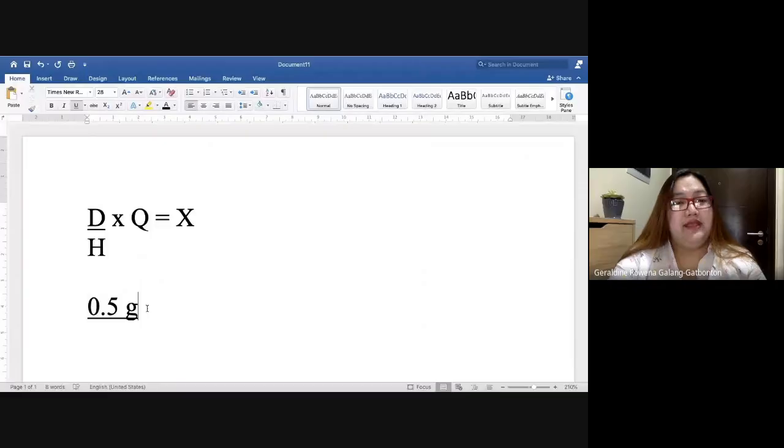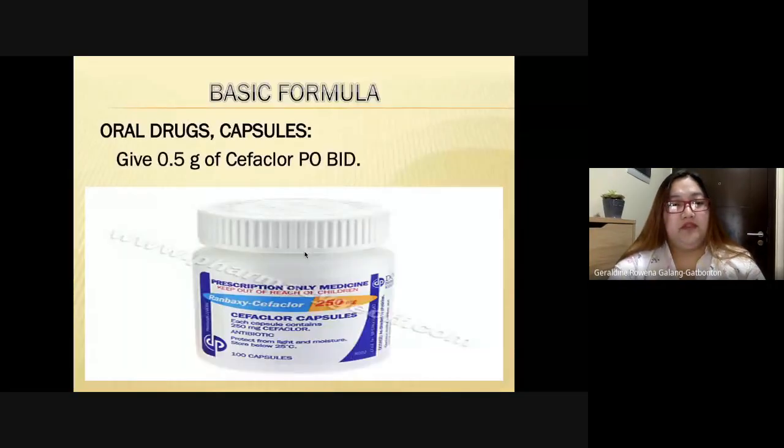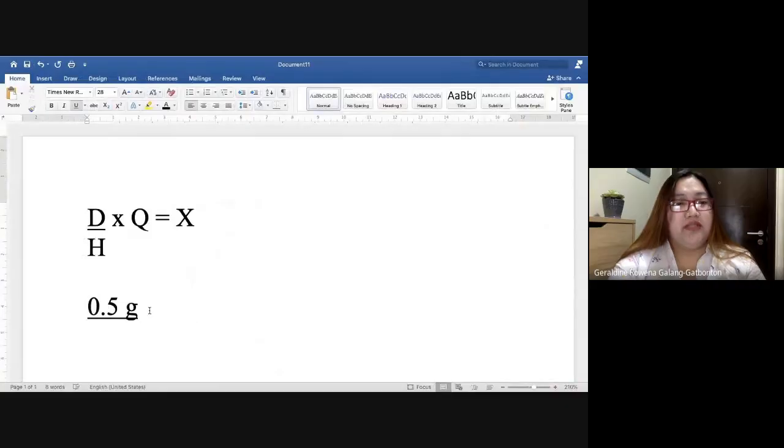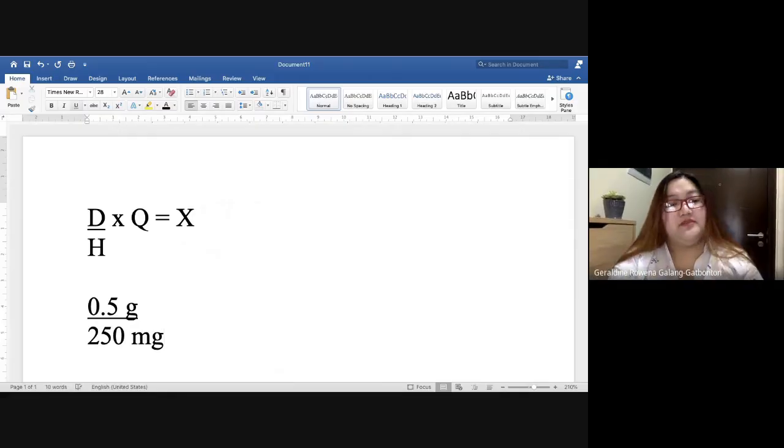Yung dose on hand, you have to check the bottle. The dose on hand here says 250 milligrams each capsule. Okay? So yung dose on hand is 250 milligrams. So H is 250 milligrams. What is your quantity?